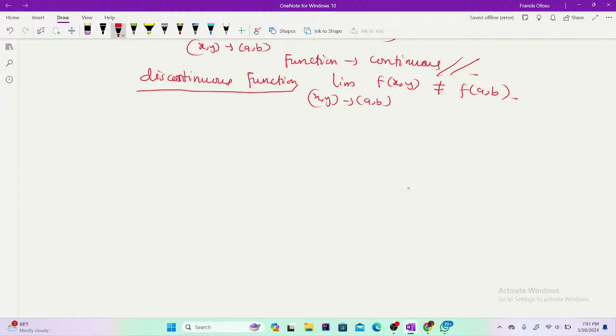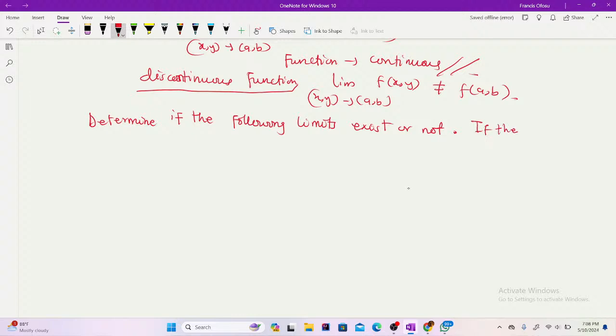So now let's see our first example. Determine if the following limits exist or not.